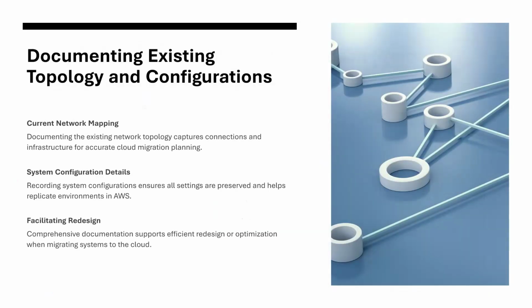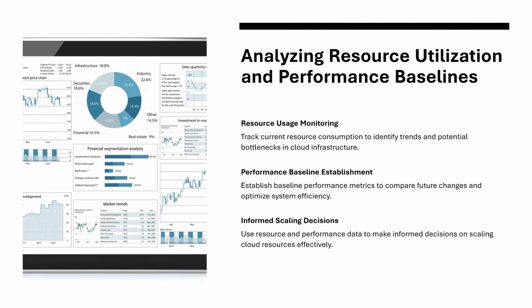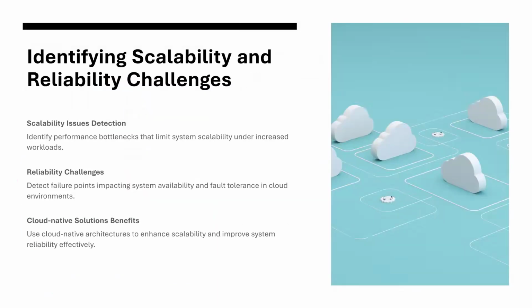You need to cover the network mapping and system configuration details, so that it can help you in facilitating the redesign. You have to analyze the performance, monitoring how the application is performing and what baselines are there, based on which you can create scaling designs. You have to understand the scalability issues, bottlenecks, and reliability challenges that the application is facing.